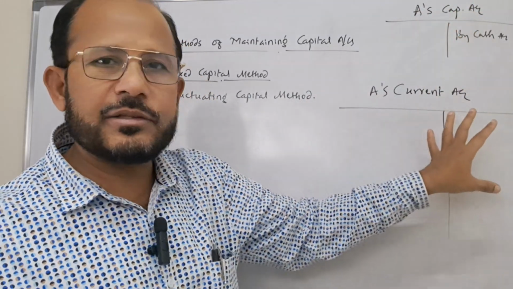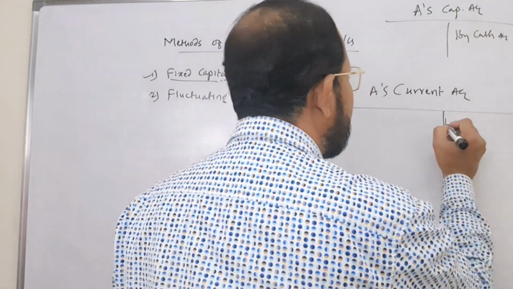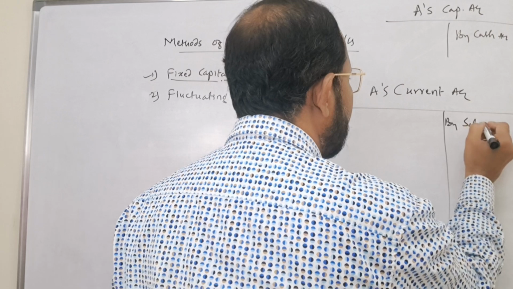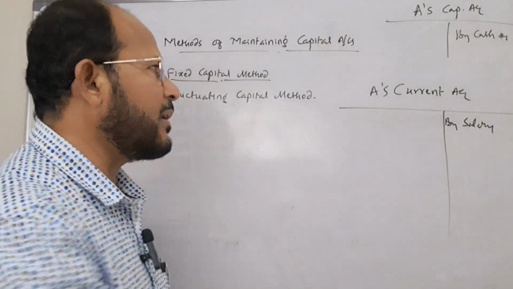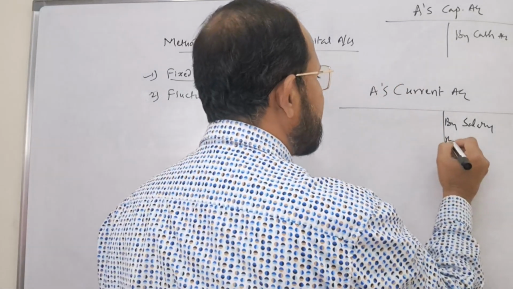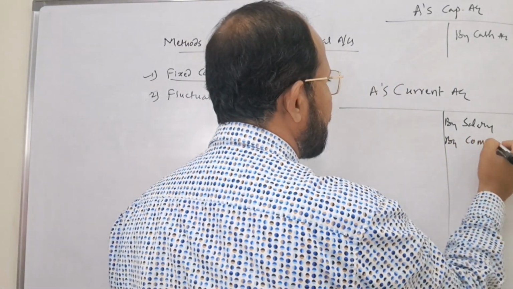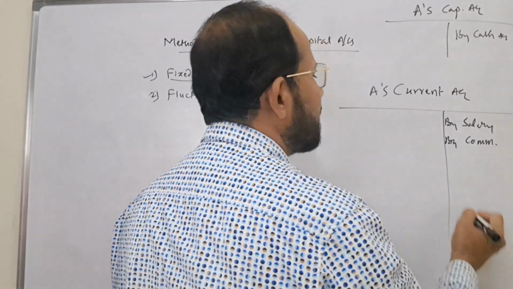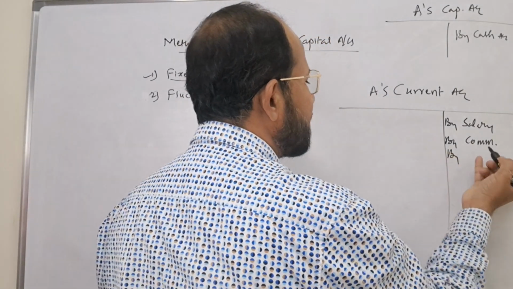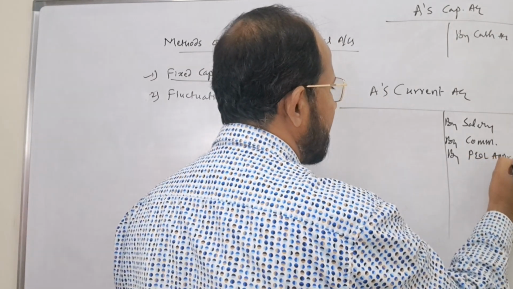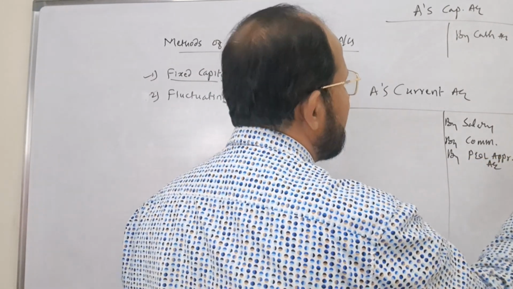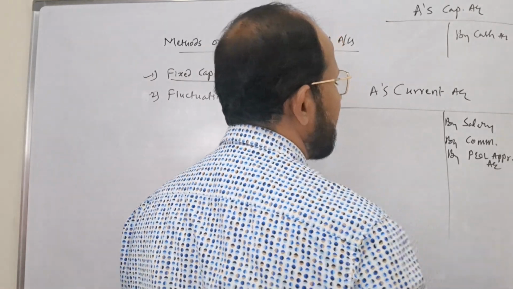But other entries like salary, assume he is entitled to get salary from the partnership firm, rupees 10,000. This is to be recorded in A's current account. Next, he is entitled to get commission from the firm, assume rupees 2,000. Now he is entitled to get his share of profit from the profit and loss appropriation account, assume rupees 5,000.